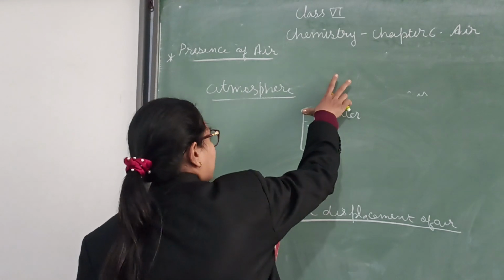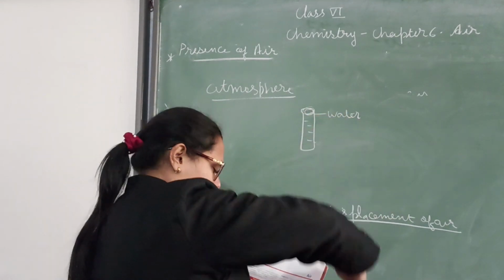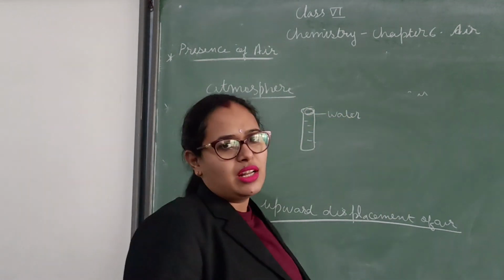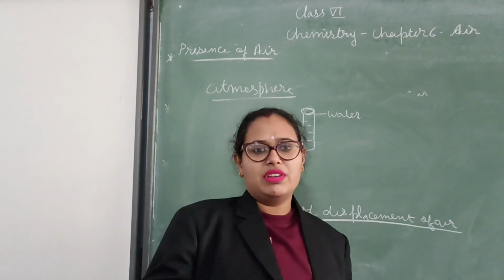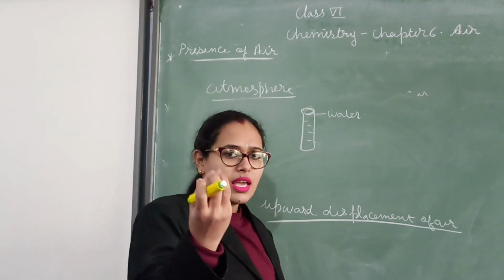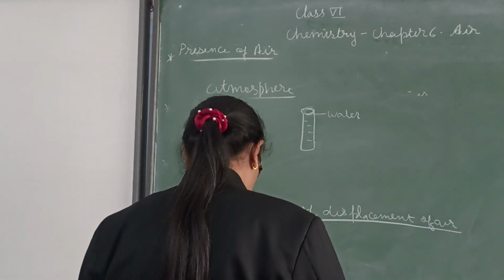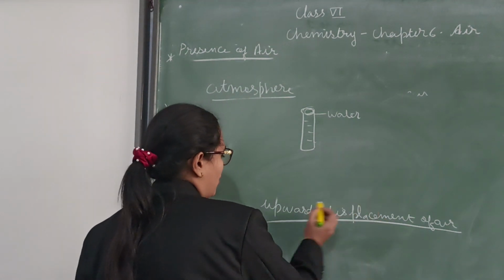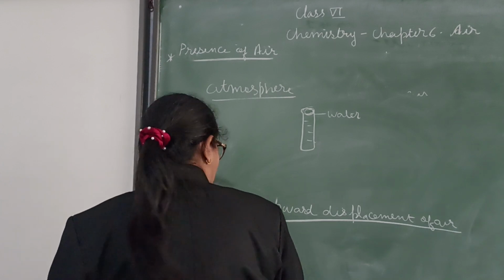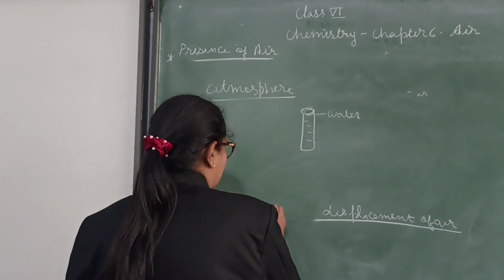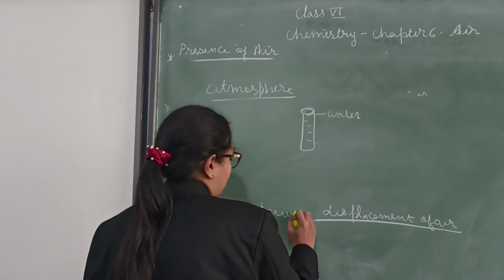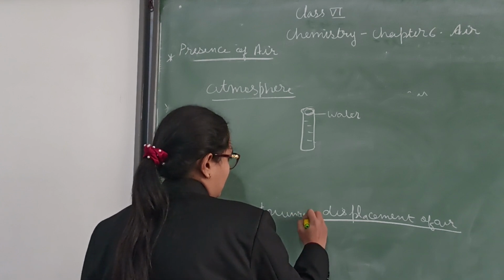So we close it like this with our thumb and invert it into a bucket containing water. And if you leave it, then we see again the air bubbles will come out, which again shows that this displacement is known as downward displacement of air, instead of upward.